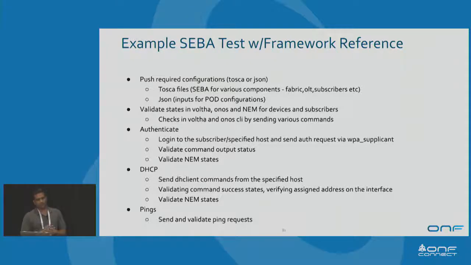So the flow of the test, a simple test case, which is the one that we just ran right now. What happens is we first start off the test case.